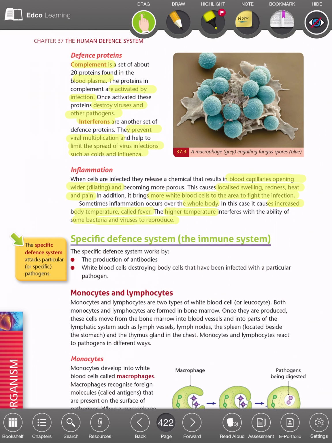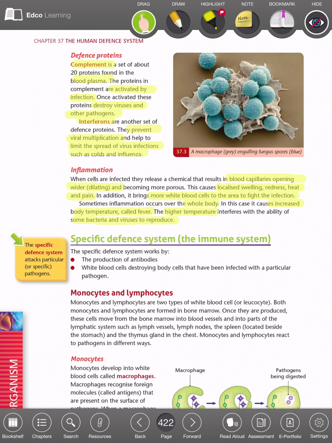In terms of our general defense system, let's revise for a second. We have our first line of general defense, and there's a couple of different things associated with that: your skin, lysozymes, sebaceous glands, mucus, cilia, acid, and beneficial bacteria.